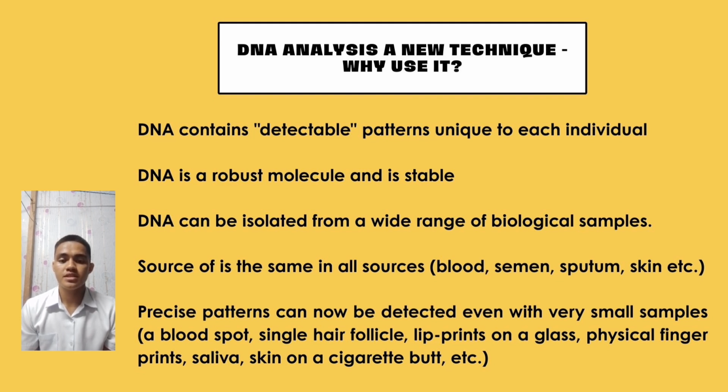It is the same in all sources like blood, semen, sputum, skin, and so on. A precise pattern can now be detected even with very small samples like a blood spot, a single hair follicle, lip prints on a glass, physical fingerprints, saliva, skin on a cigarette butt, and so on.